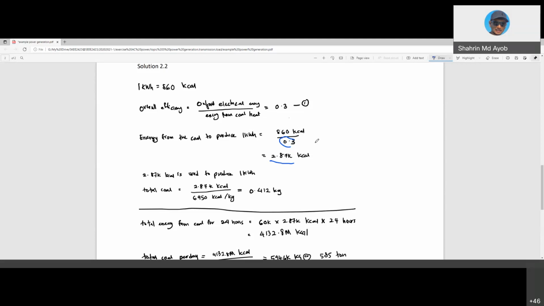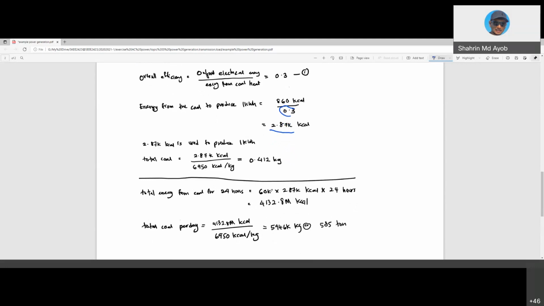So this one is the output, and then you need the output power 60k. Instead of 60 megawatt, you just use 60k multiplied with 24 hours, and then multiply with the energy from the coal here. So that's why you get 4132.8.